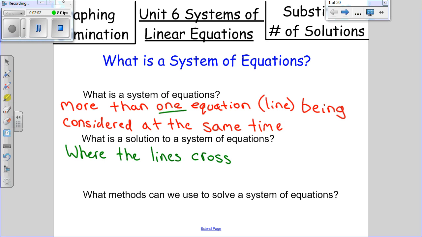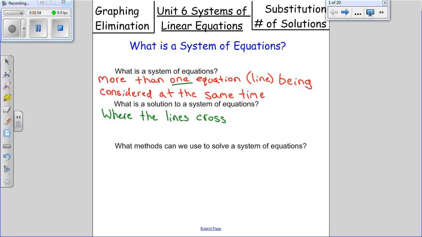What methods can we use to solve a system of equations? There's going to be 3. The first one is 6.1. It's called substitution. Tomorrow, we're going to learn another way to solve these systems or find where they cross each other.